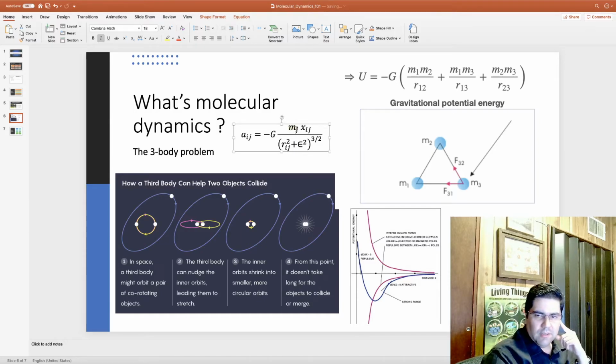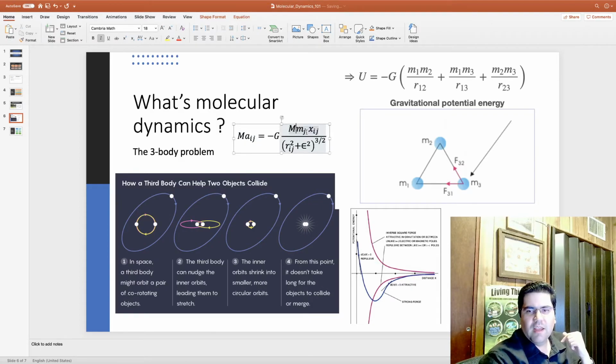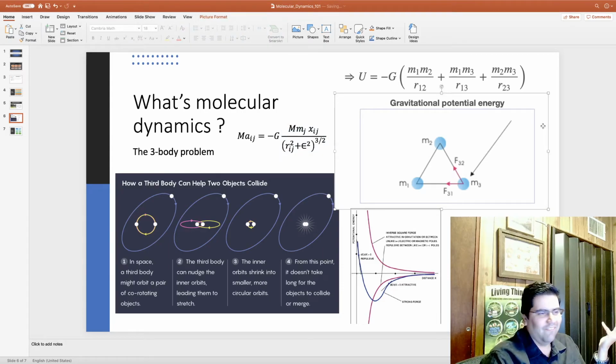But for the force you have to multiply this times capital M. So if I want to find the force, I have to put another m here, and that will give me the force. In case you're not understanding this, that's going to be the force.